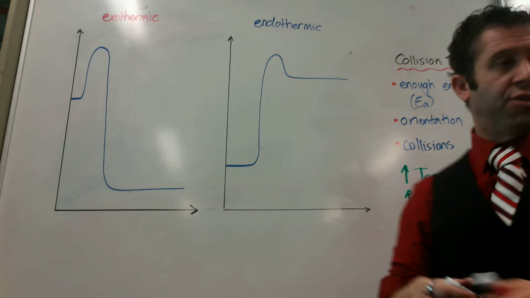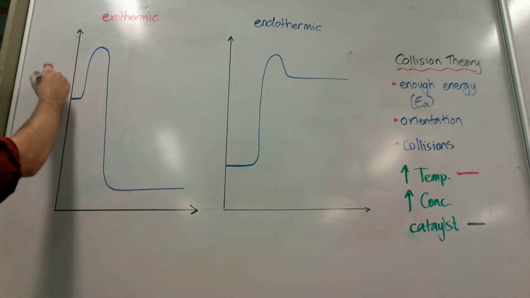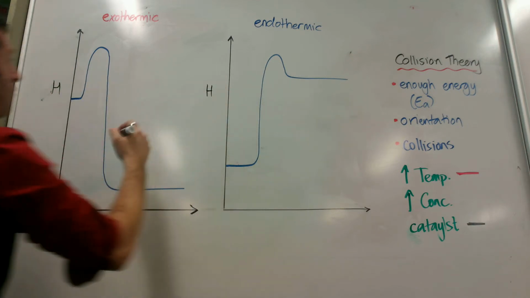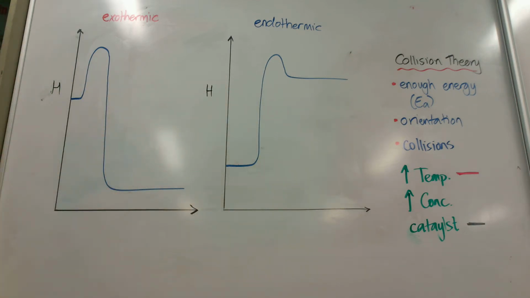So, if enthalpy, and sorry, I forgot to label my axis here, if enthalpy is my y-axis, and enthalpy is the total energy approximately. If I increase the temperature, will that do anything to the initial enthalpy? If it starts at a higher temperature, is that going to affect the energy of the particles?